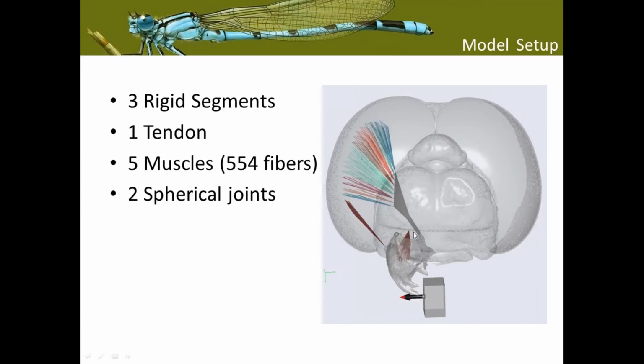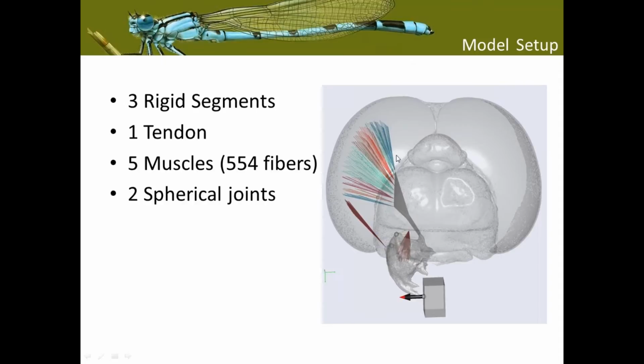Then we have another rigid segment, which is the tendon part here, and usually tendons are not rigid, but on the micro-CT scans we could see that the tendon is already really sclerotized, and therefore we handled it like a rigid segment. And then we have 5 different muscles. So there's one big muscle here.